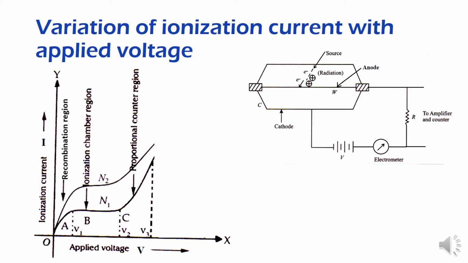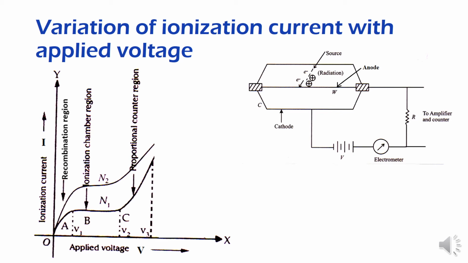These electrons further collide with the atoms present in the chamber, and they also cause ionization. This ionization is called secondary ionization, which is different from the primary ionization. Primary ionization is the ionization produced by the radiation which is entering into the chamber.